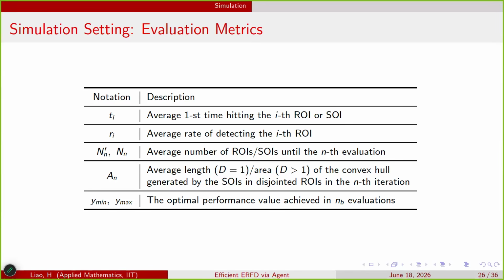For some very bumpy functions, you may have hundreds or thousands of regions, so it would be really hard to know the specific number directly. That's where we just use the number of specifications. And also we consider the average length or the area of the convex hull generated by these points within the regions. And the last one is still the optimum performance for these regions.